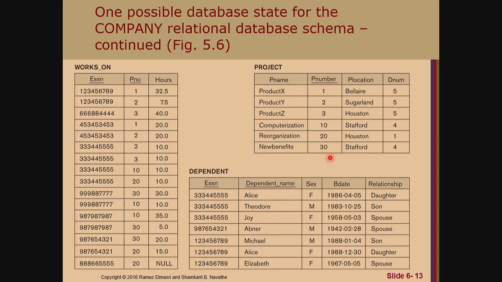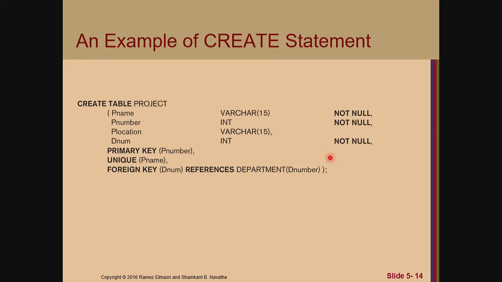We have to concern about that at first. We have to remember it, and then we check the command. Now P name, we use varchar 15. So the maximum characters that can be inserted into this attribute is only 15 characters, and of course not null.